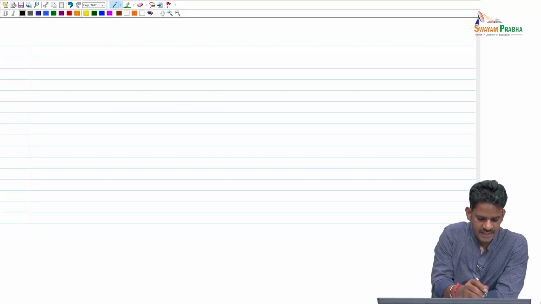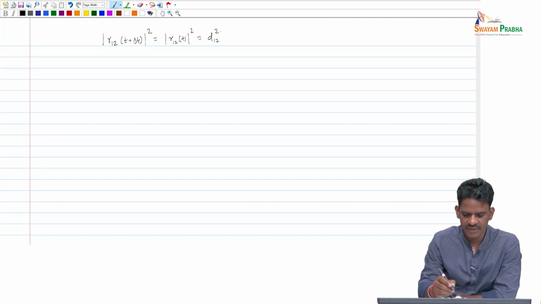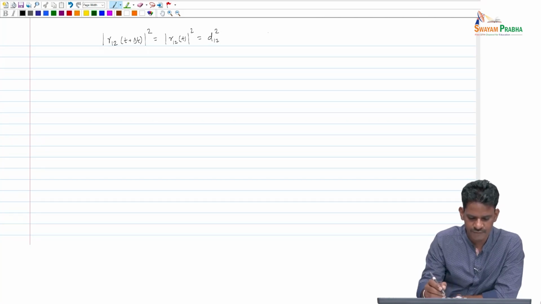which basically say that at any point of time this distance R12 should be equal to the bond length, and similarly we can write for R23, R34, R31 etc. So, this is the constraint that we want to seek.